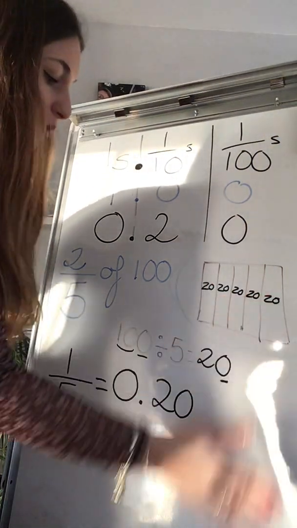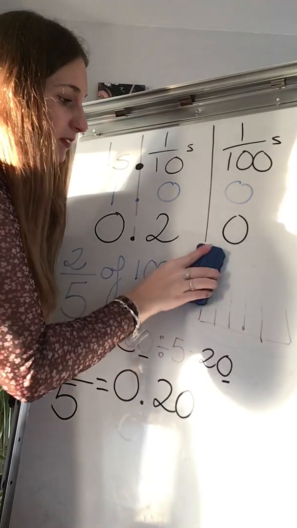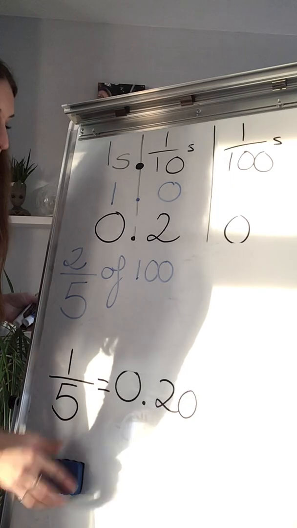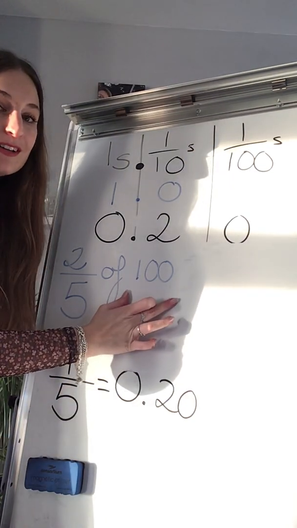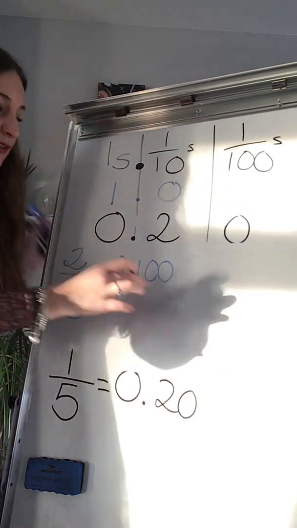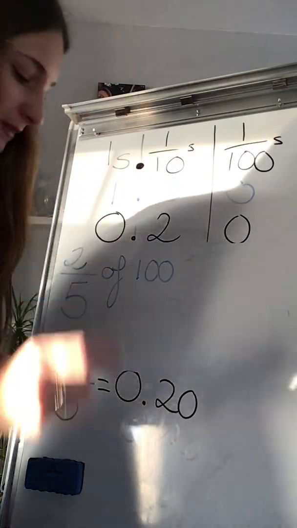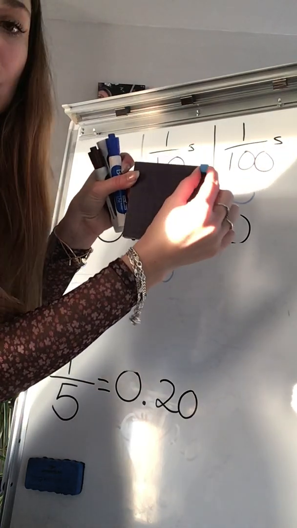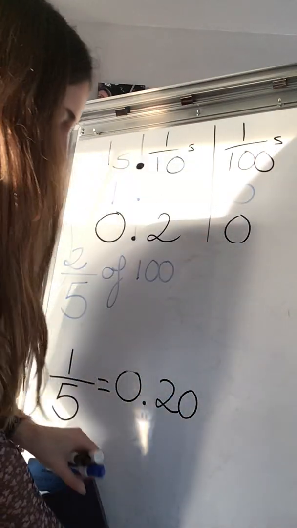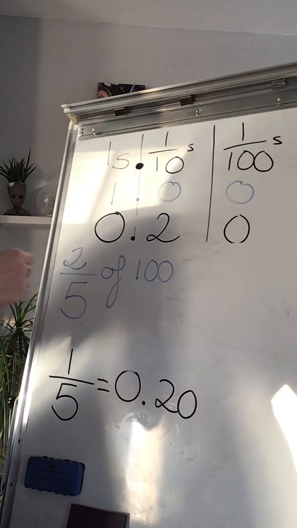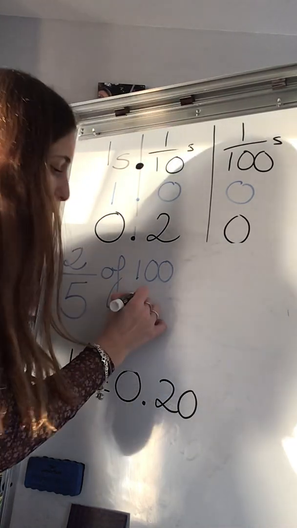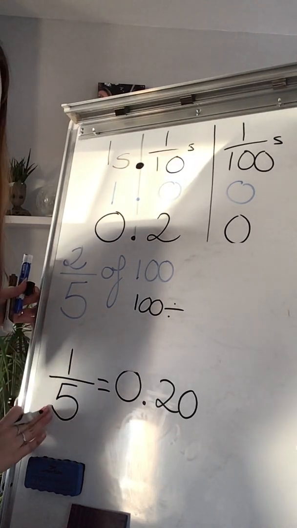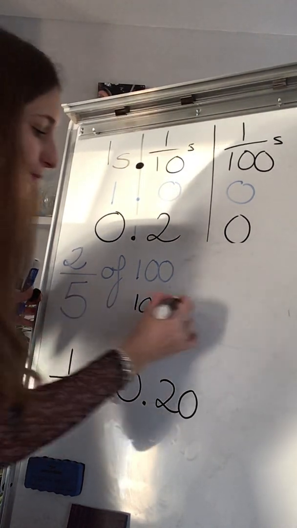Okay? So I'm going to rub it off again, so we try to get it quick. What I have to do, I have 100 to be one whole that I've eaten, so it's been cut into 100 little bits. My whole has been cut into 100 little bits, and I know then that 100 is being split into how many equal parts? 5.